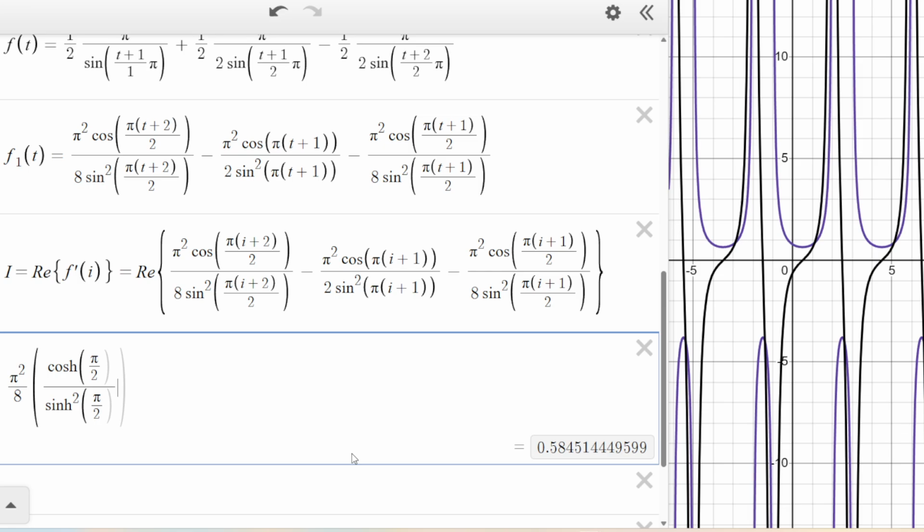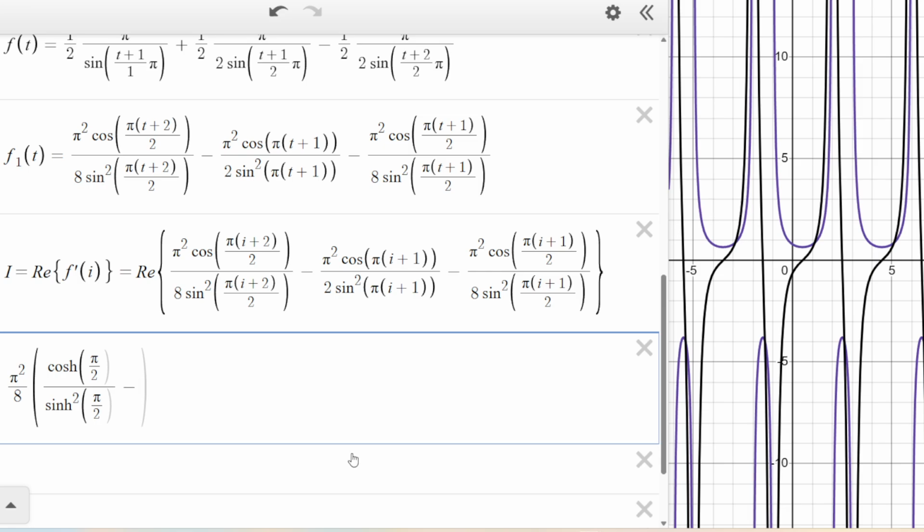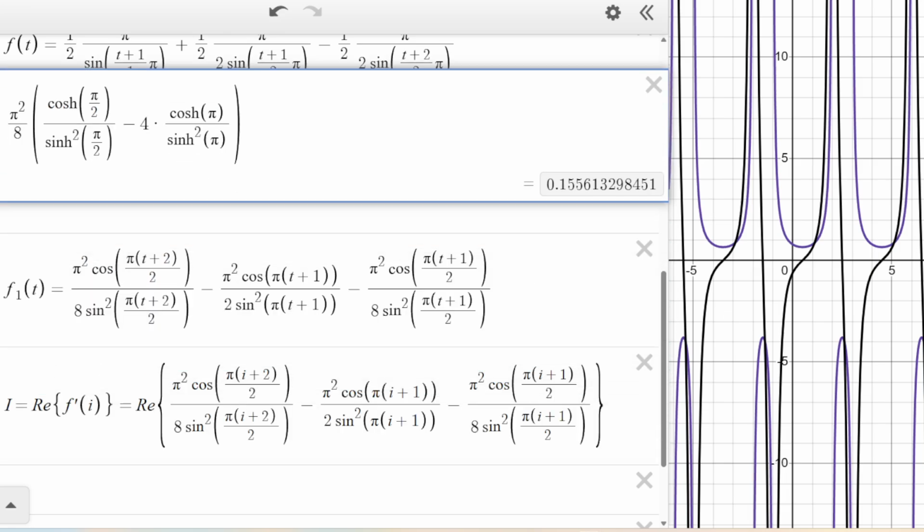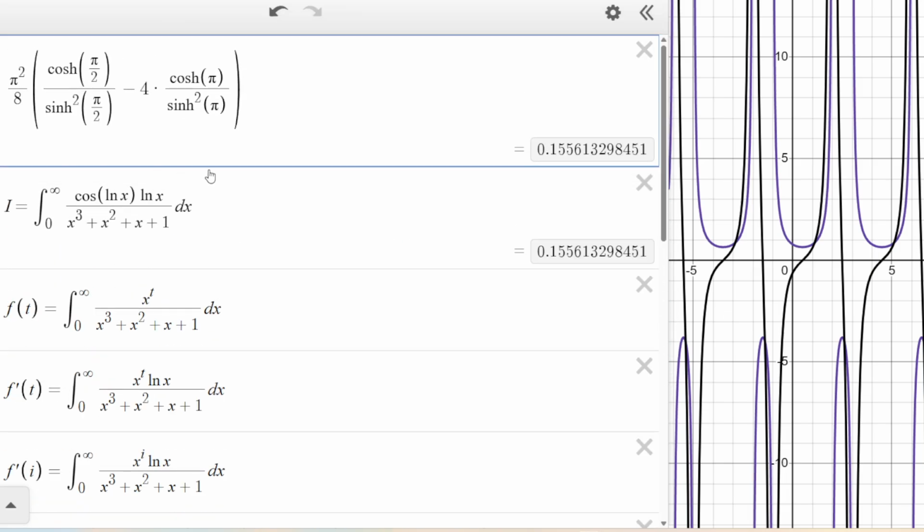So I'm just going to do it myself. Minus 4 times cosh of pi over sinh squared of pi. That is it. That is, in fact, the answer to that integral.